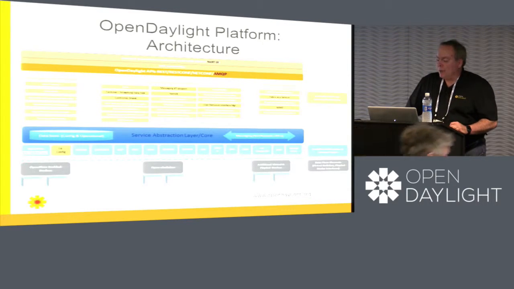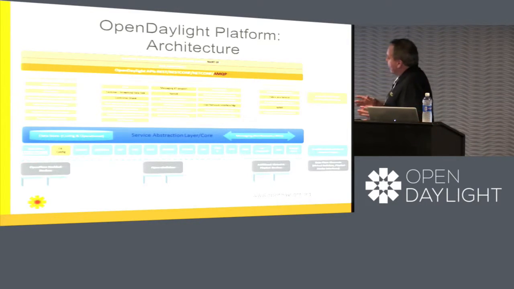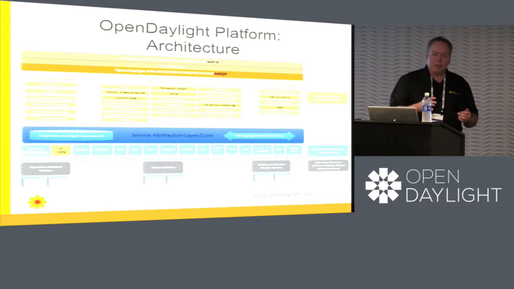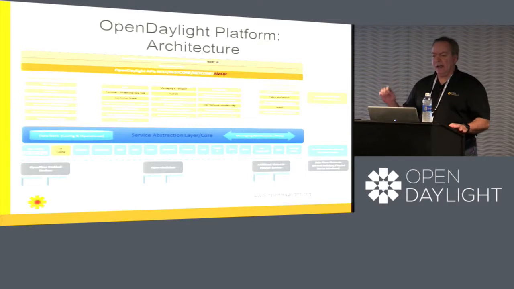In addition, Beryllium also added a new GUI development kit that can be used with applications that are interacting with OpenDaylight. This diagram not only shows the fundamental architecture, but also the new things that are in Beryllium. The things that are in the tan and highlighted in black are new to Beryllium.